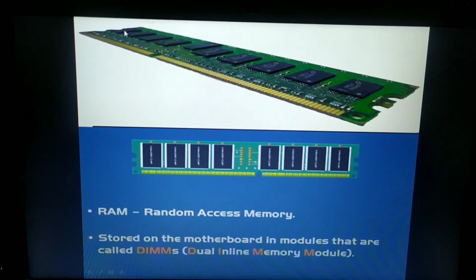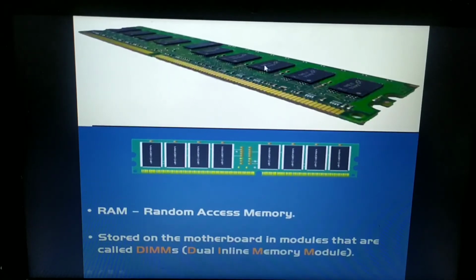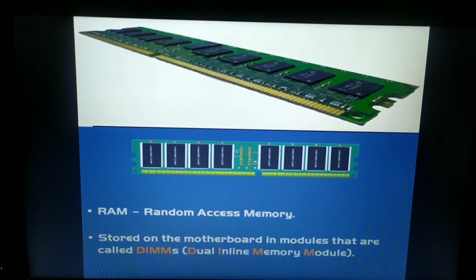So the kind of memory we are using here is dual inline memory modules. We also have the single inline memory module, where the data transfer rate in SIMM is very slow, but the XT motherboard was using dual inline memory modules, where the data transfer rate is very fast. We know that from the input unit the data goes to the RAM for processing.